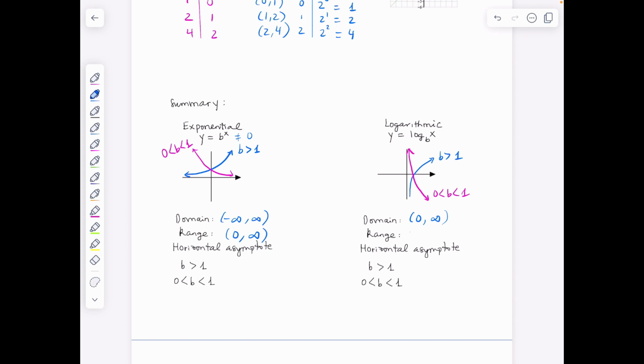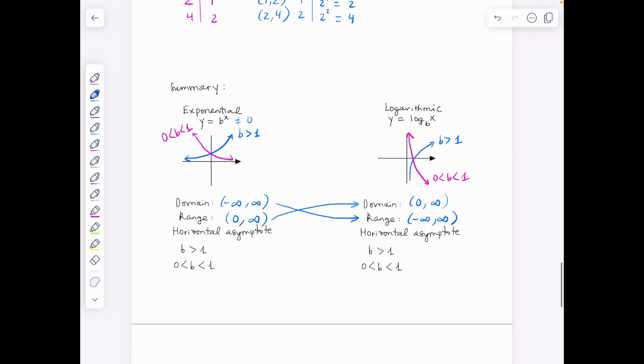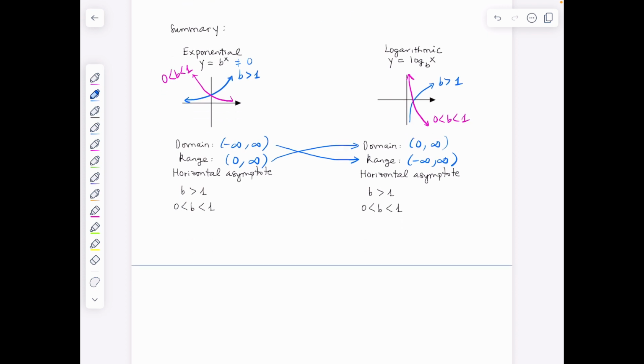And the range looks like it goes up forever and down forever, so it's negative infinity to infinity. This makes sense since the two functions are inverses of each other: the domain of the exponential function is the range of the logarithmic function, and the range of the exponential function is the domain of the logarithmic function.